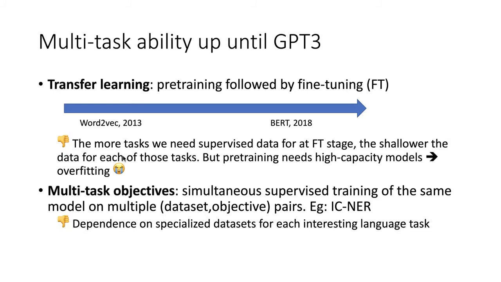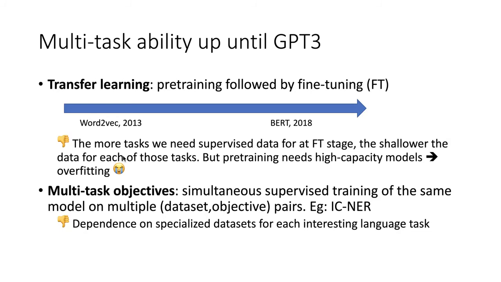So you use a ton of data for a self-supervised task, and then you transfer it to a task of interest. The big problem with this is that the self-supervised task, which in the case of BERT was a masked language model, needs a ton of data, and that means you need a high capacity model.